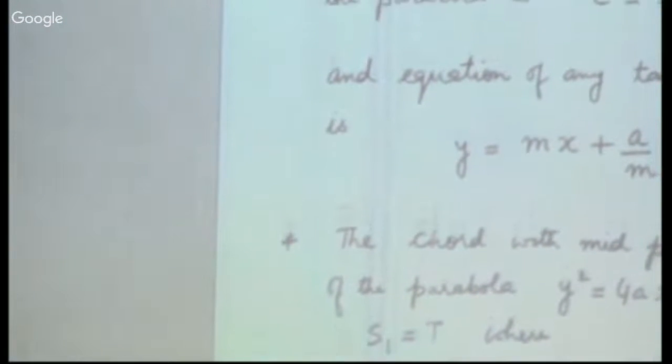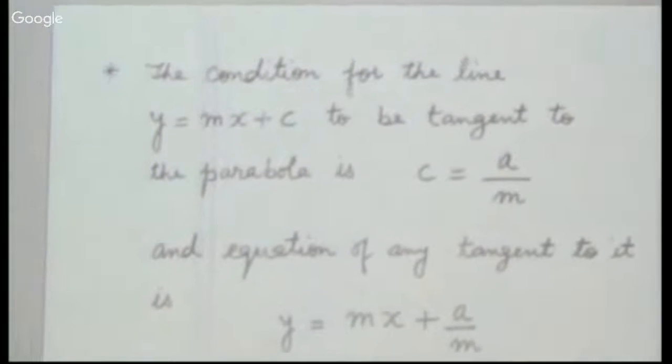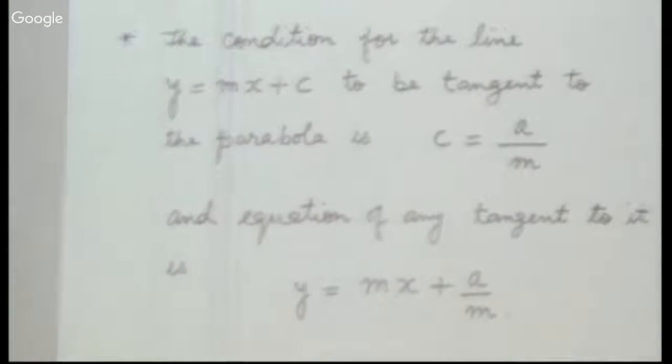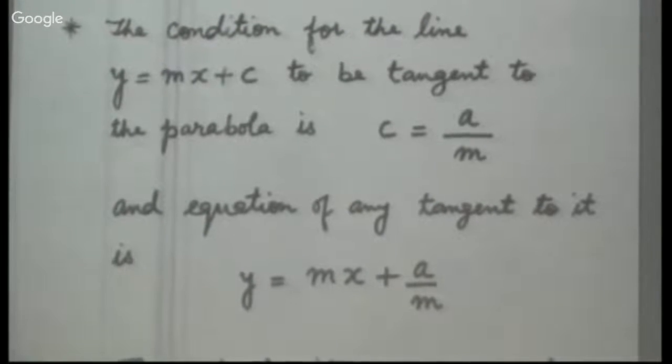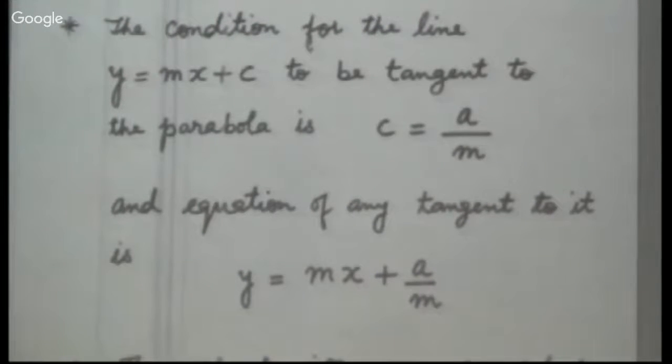Now, condition of tangency. Next, y equal to mx plus c is a tangent to the parabola y square equal to 4ax, then the condition is c is equal to a upon m.